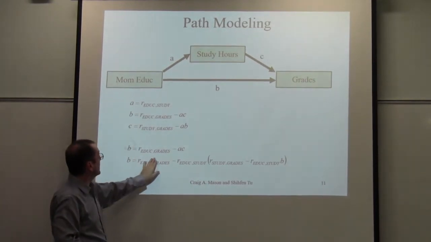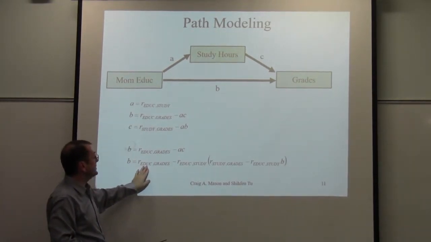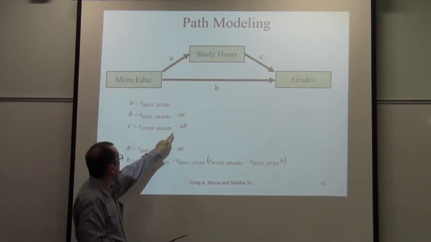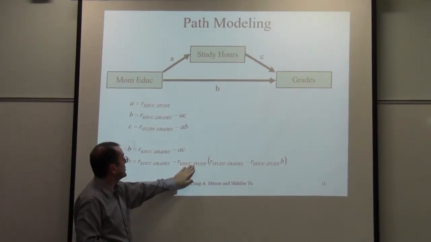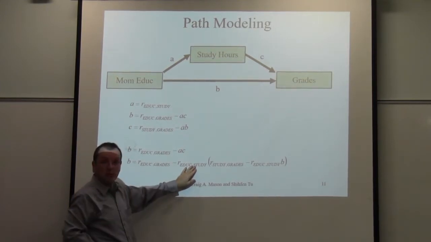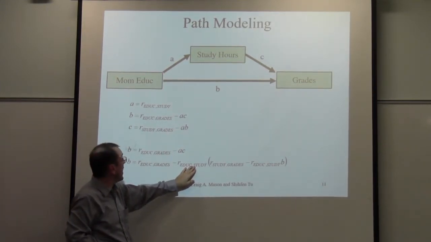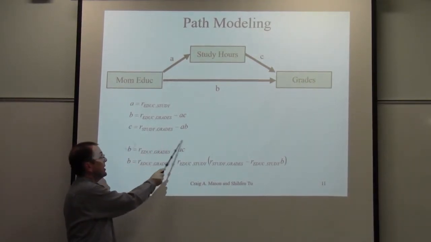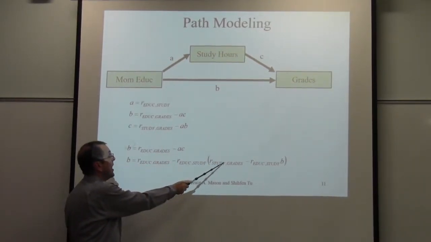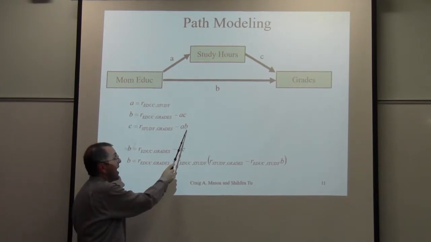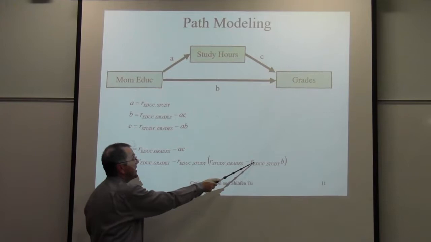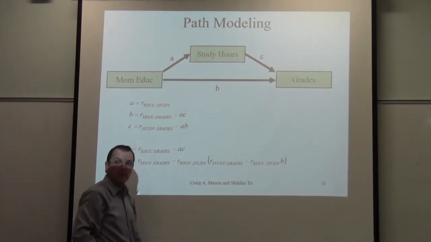So B is the correlation between education and grades minus the correlation between education and study hours times C. And what was C? C is the correlation between study hours and grades minus A, the correlation of education and study hours, times B.